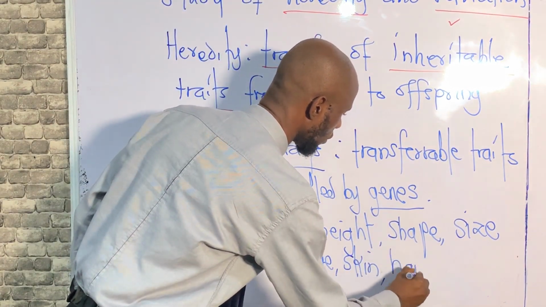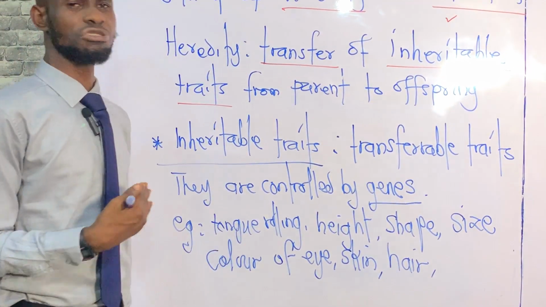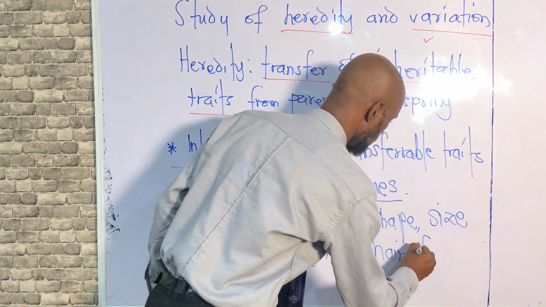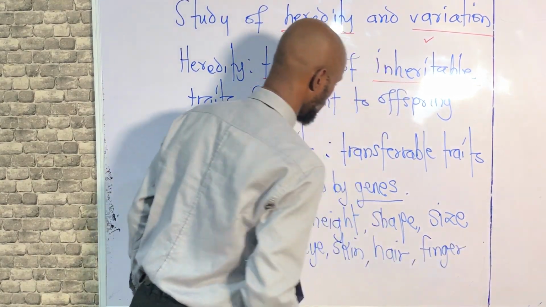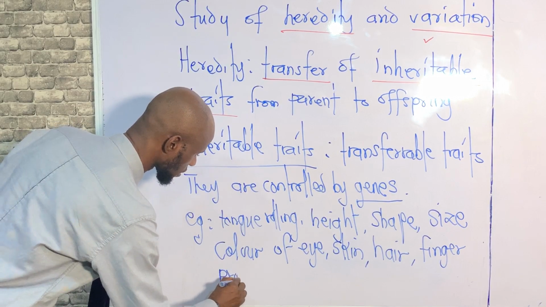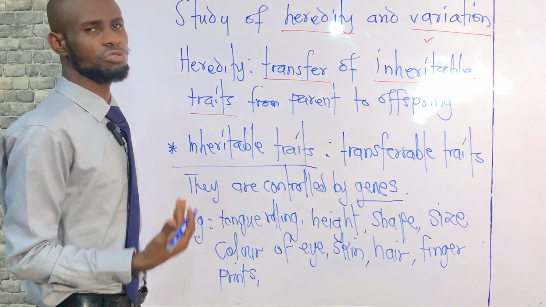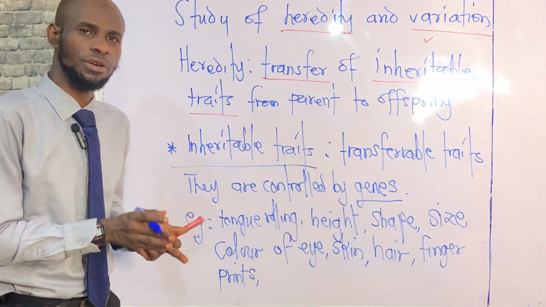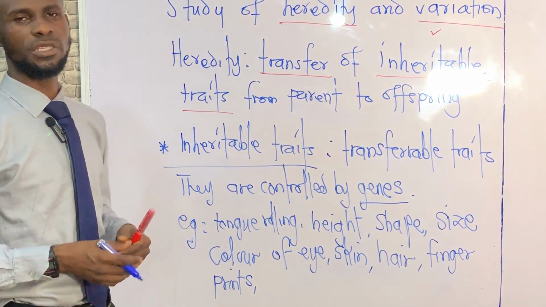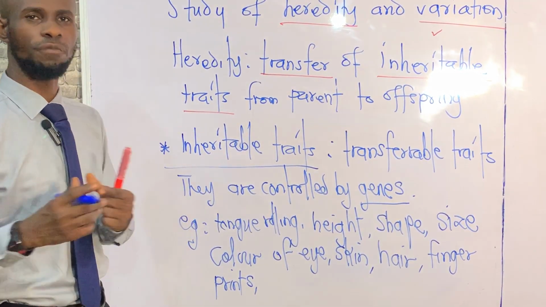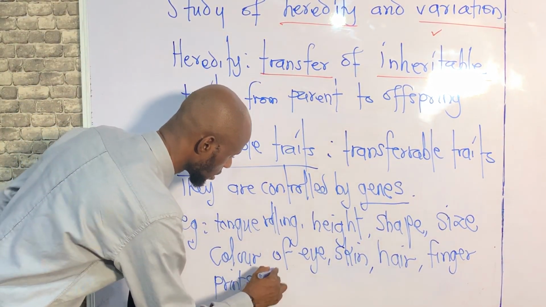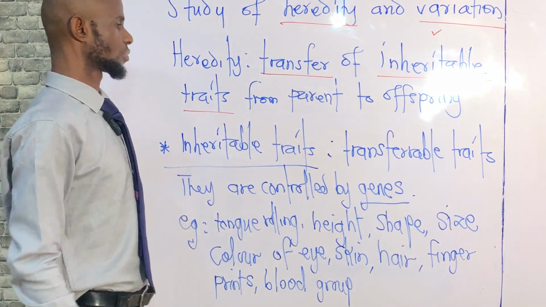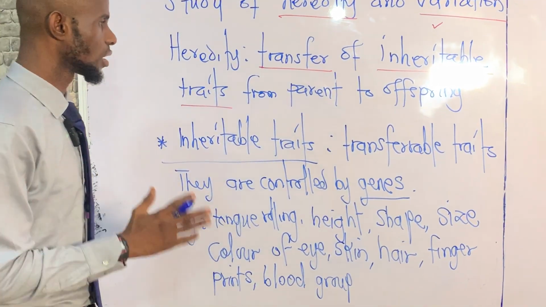You can transfer what is called the fingerprints. They can also transfer the blood group. Blood group of the father can mix with the blood group of the mother to produce a type of blood group that is a combination of both parents. So that is what is called inheritable characters.